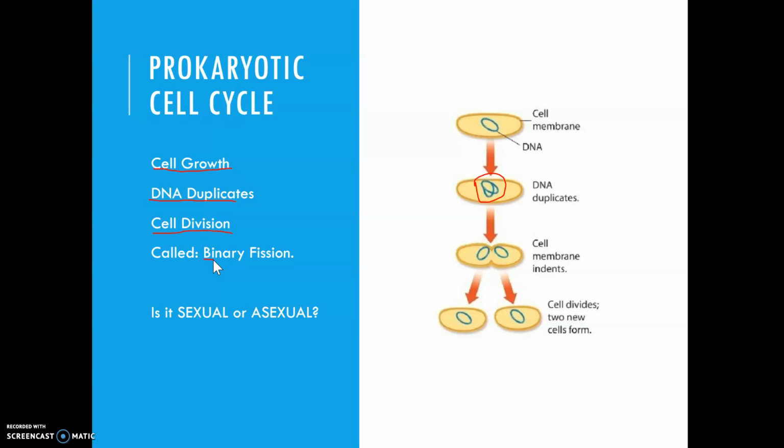Bi means two, so it just means that it's producing two different cells. So again, I'll ask you real quick, is this type of reproduction sexual or is it asexual? Oh, you guys got it right. It is asexual reproduction.